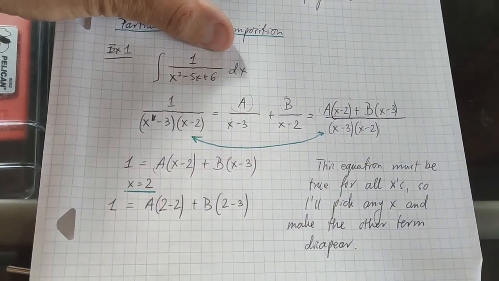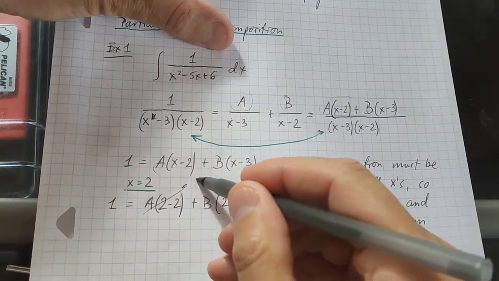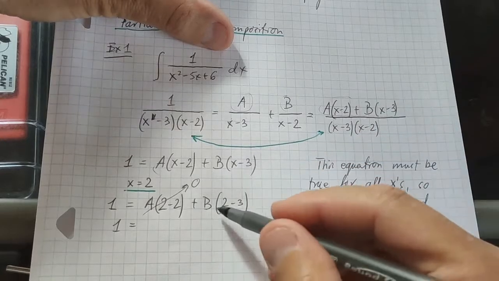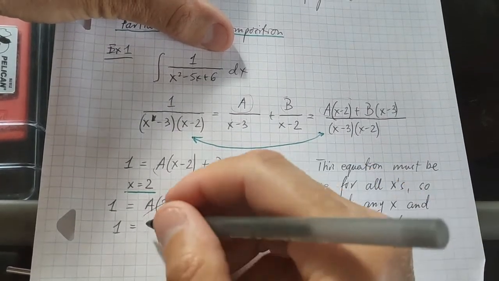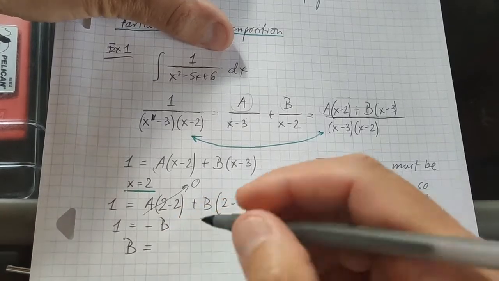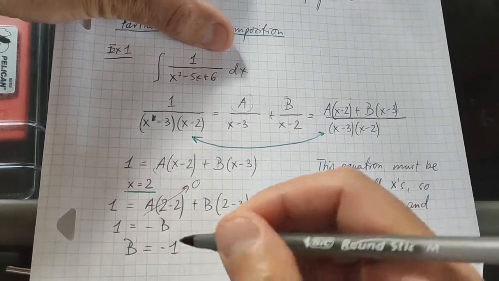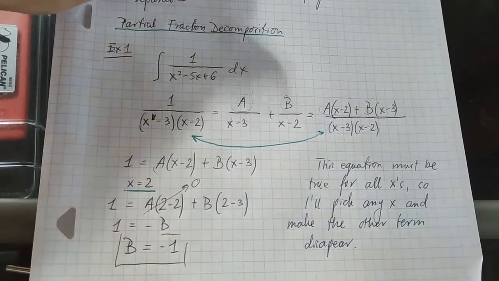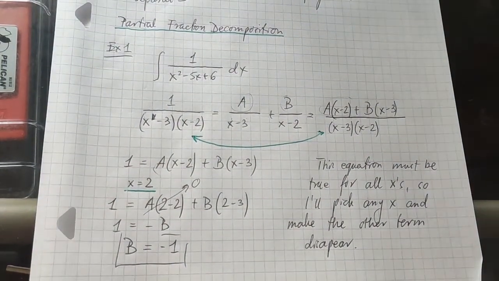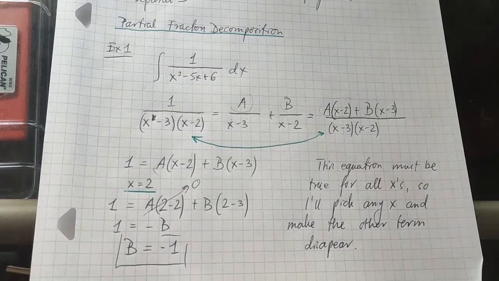So this is 0, and I have 1 equals 2 minus 3, which is negative 1, so negative b. So b equals negative 1. We found one of them. Now we're going to find the second one.